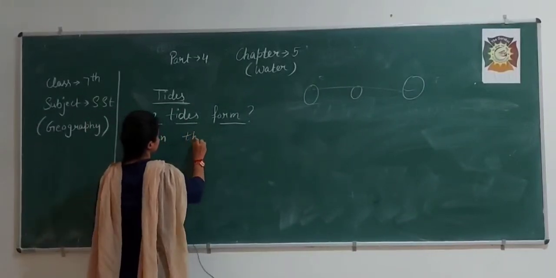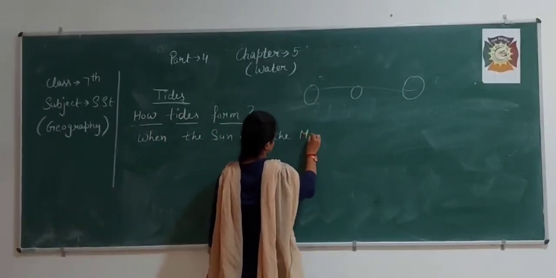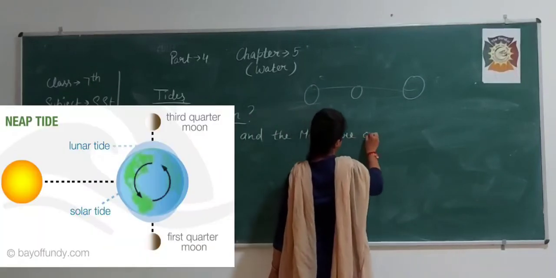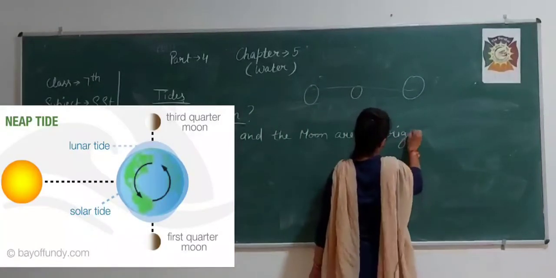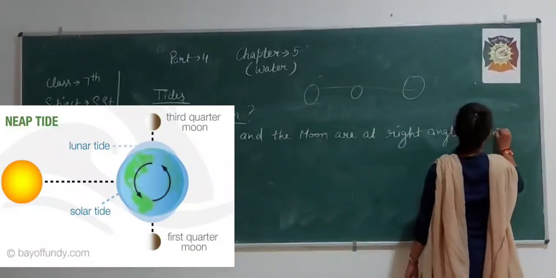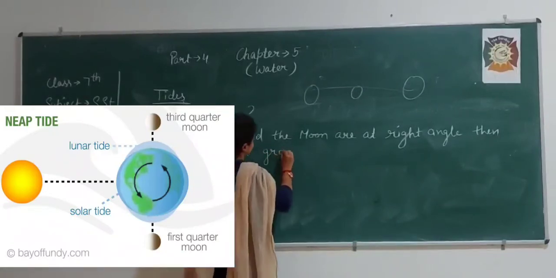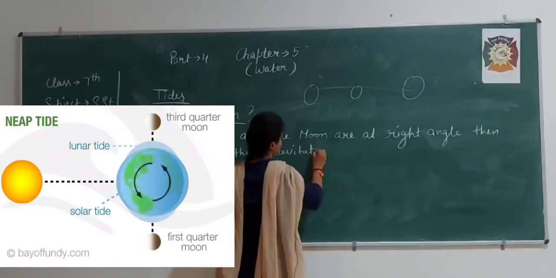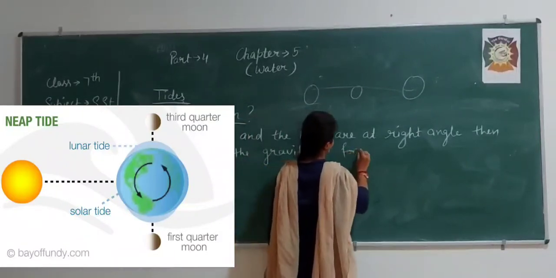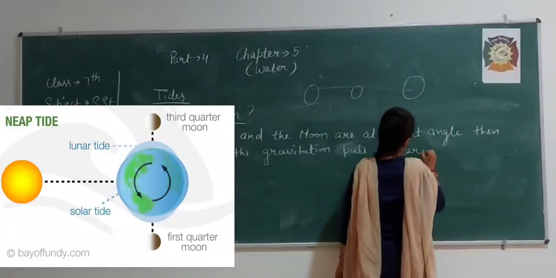when the sun and the moon are at right angle, then the sun diminishes the gravitational force pull on earth.